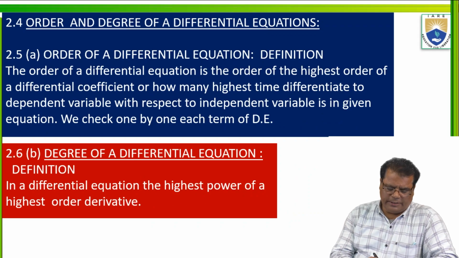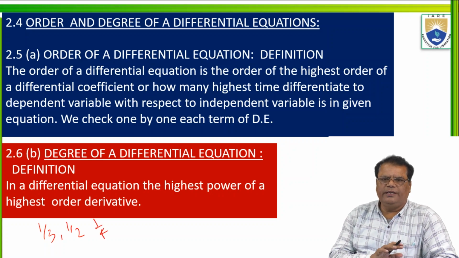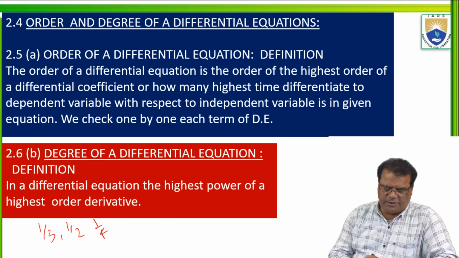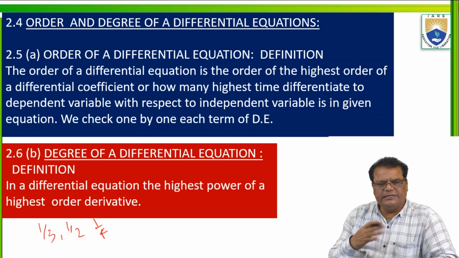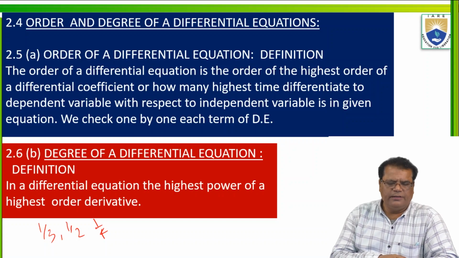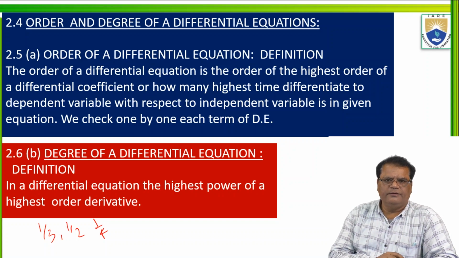This is not acceptable. Only numerical powers 2, 3, 4, this type of power is acceptable. Rational power is not acceptable. If rational power is given in our question, then first of all we change the rational power into a whole number power.